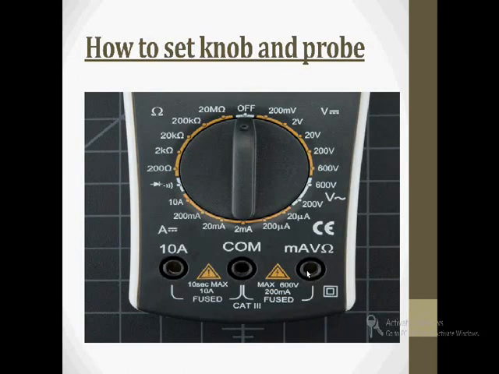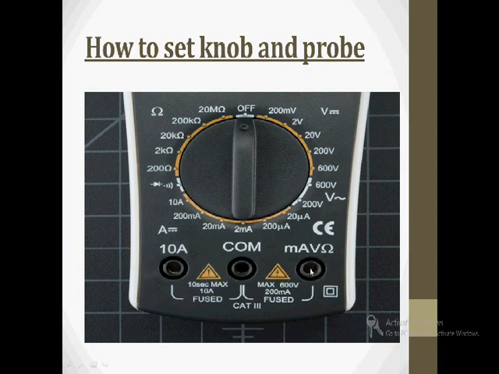How to select the knob and probe? Now you can see here in this picture, it exactly shows the ports. Here is one center port that is the common port. Here we need to connect one wire, and the two ports are outside.